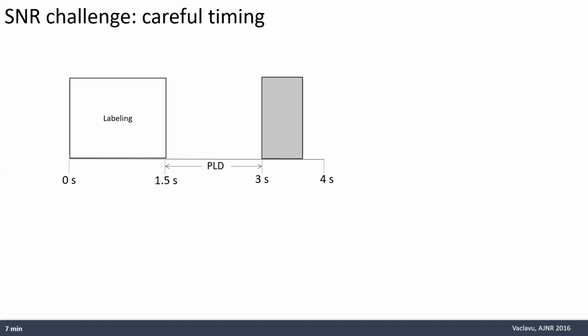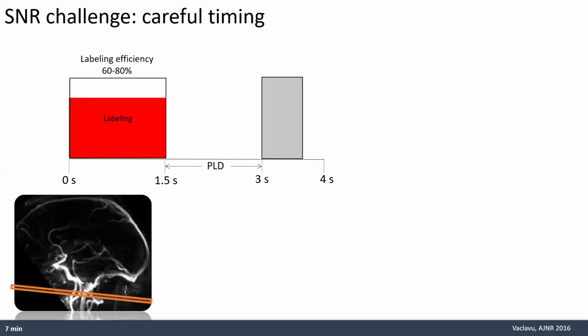So why is ASL challenging, as Dr. Vilela said, in terms of signal to noise ratio, in terms of the quality? Well, the first thing is that this labeling has a certain efficiency, which is not 100%. So not all the blood water that flows by is labeled. It's usually around 70%, and it depends a lot on how you position this tracer, this labeling plane, which I will show you tomorrow.